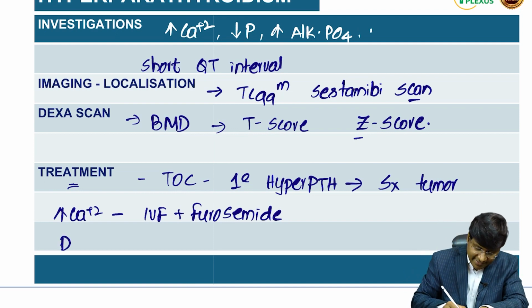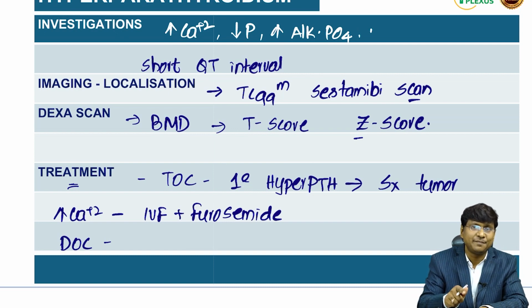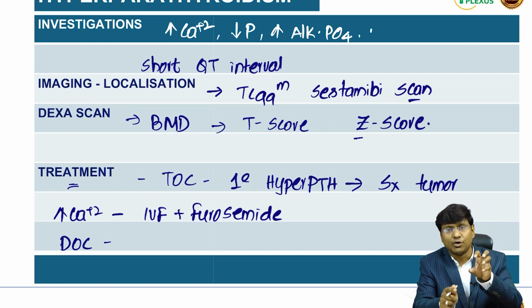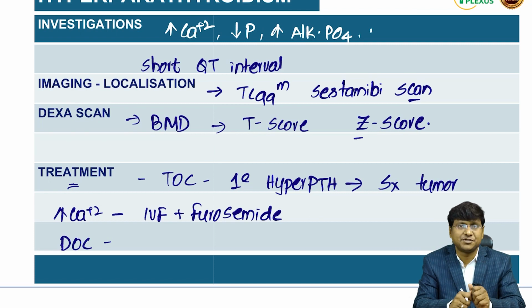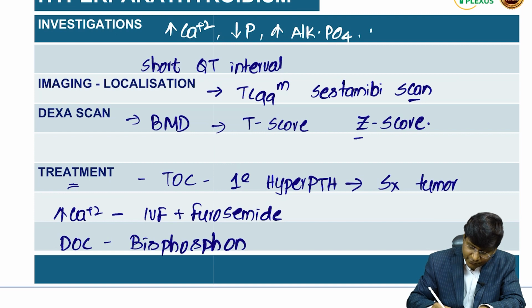And what will be the drug of choice in case of primary hyperparathyroidism causing hypercalcemia? The reason for hypercalcemia in primary hyperparathyroidism is bone resorption. So you need to give a drug that will reduce the bone resorption. That will be bisphosphonates, where we give IV ibandronate.